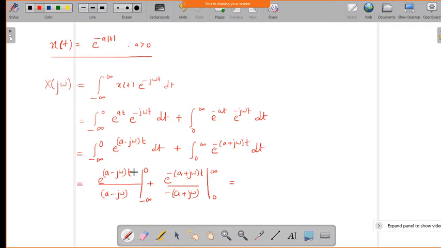If you put t equal to 0 it becomes 1, so 1 over (a minus j omega). If you put infinity this becomes 0, so it is 1 minus 0. For the second, if you put infinity it becomes 0, and at t equal to 0 you get minus 1.